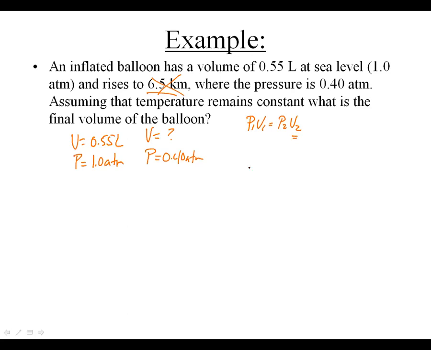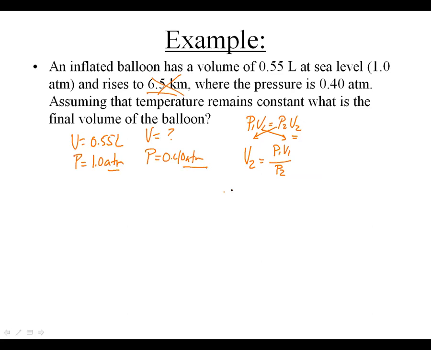We are going to be solving for V2 in this case. So V2 is P1 V1 divided by P2. Remember, although it's not a fraction, when you go across an equal sign, things end up in the opposite location. So P2 is on top, it will end up on the bottom when you do that. In terms of units, our pressures are both in atmospheres in this case, so that's okay.